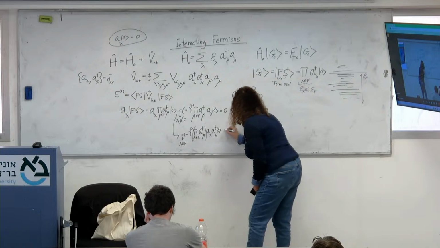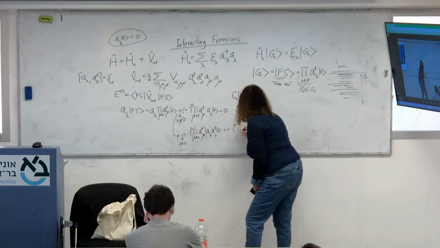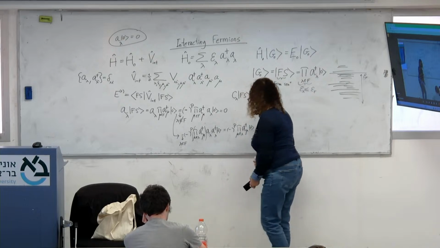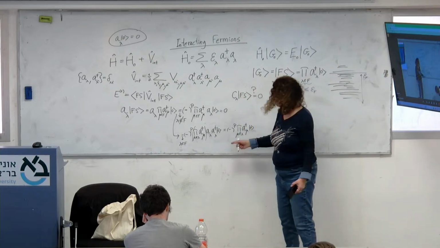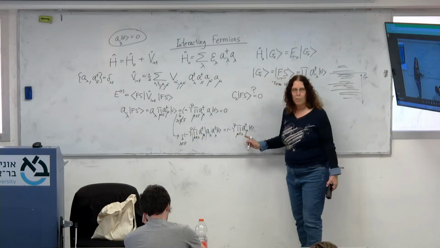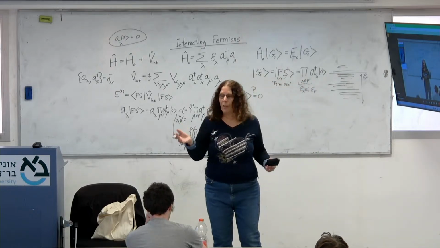So in other words, I'm going to get some phase factor times the product of all mu different from lambda. Okay, so what is this actually doing? It's not giving me 0. It creates an excitation, or it's a different state.